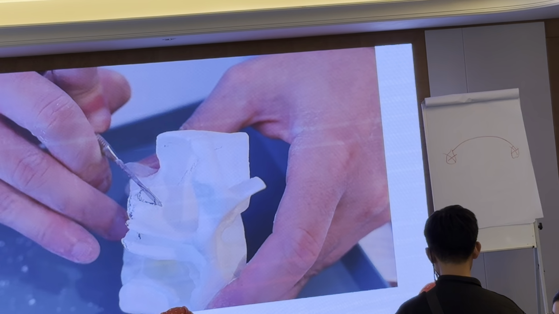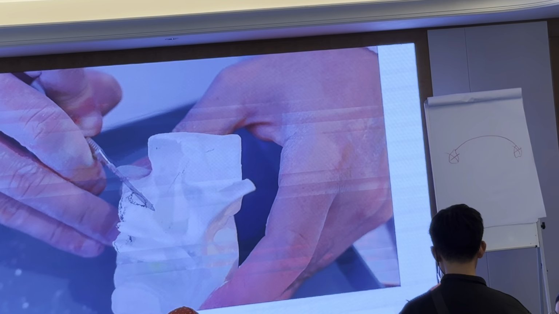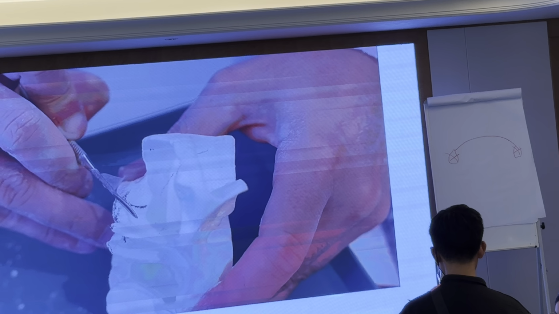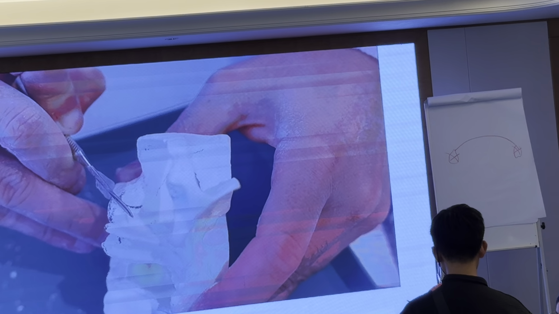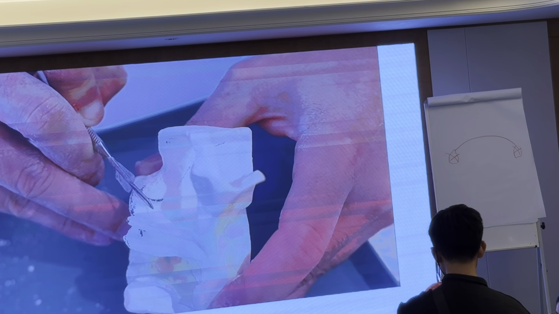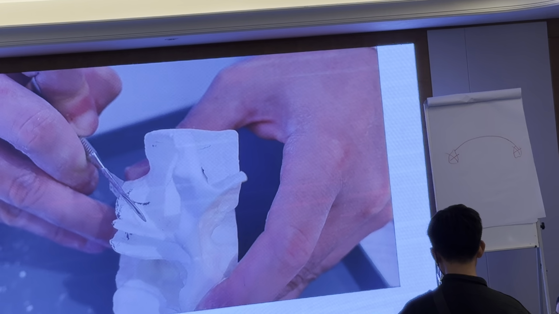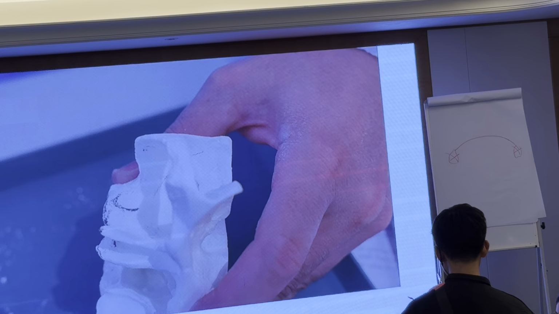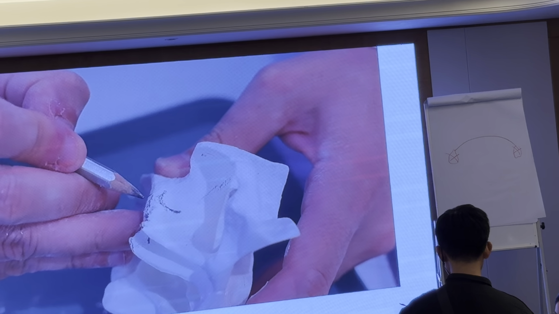This is the Paga technique, but we want to do it freehand. So we go distal until we are all inside the bone. Okay? Clear?